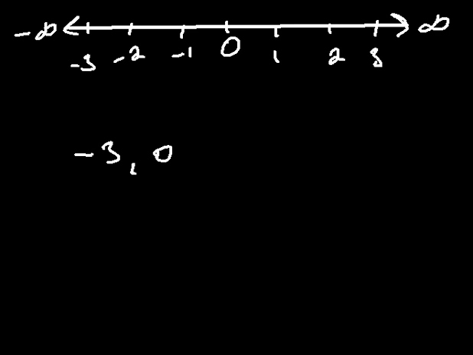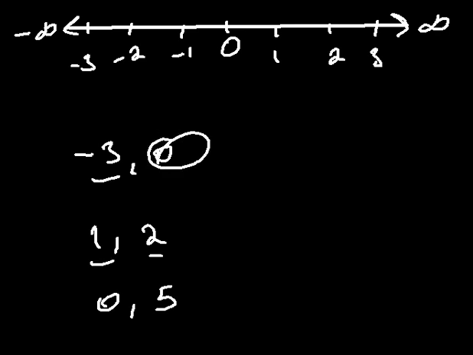And let's say we can have 1 to 2. This is an interval. And let's say we can have 0 to 5. This is an interval. It means the interval starts from -3 to 0, and the interval starts from 1 to 2, and the interval starts from 0 to 5. That is okay with us.